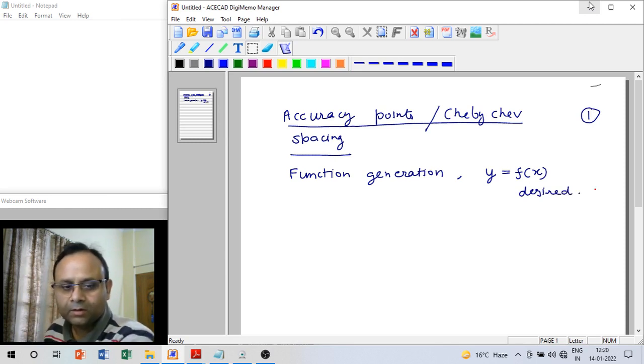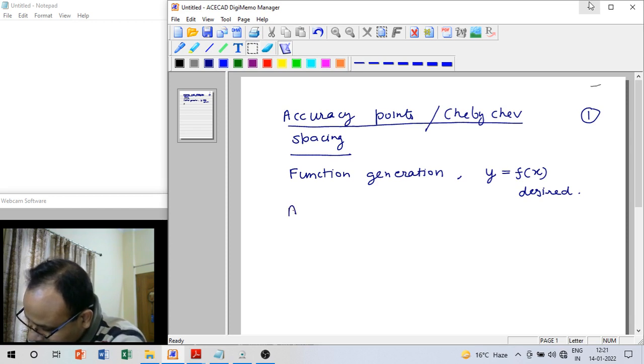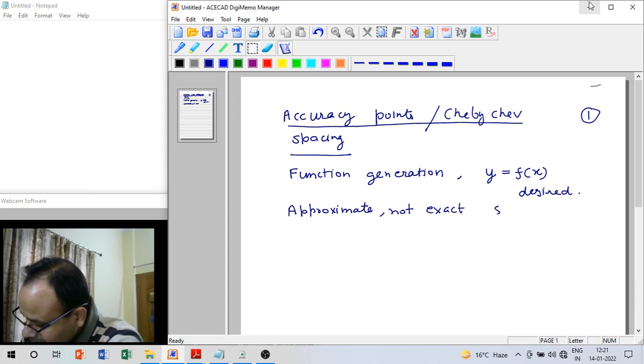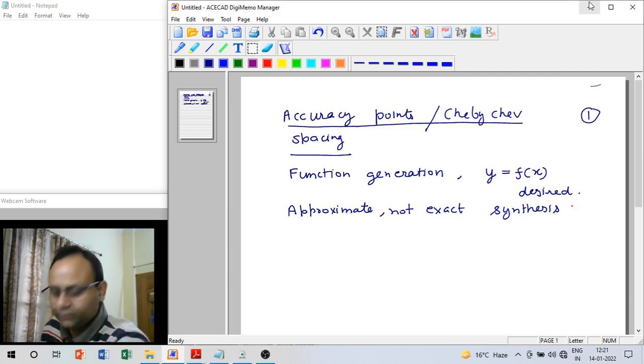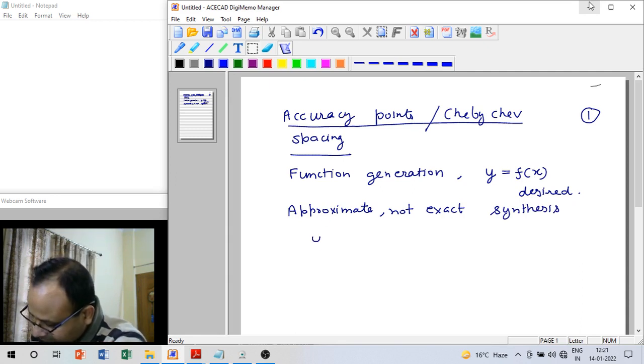Okay. Now, when we are synthesizing, our synthesis is not going to be exact. It is going to be approximate. We'll have approximate and not exact synthesis. And due to which the output that we will get, y, will actually not be equal to f(x), but it will still be a function of input.